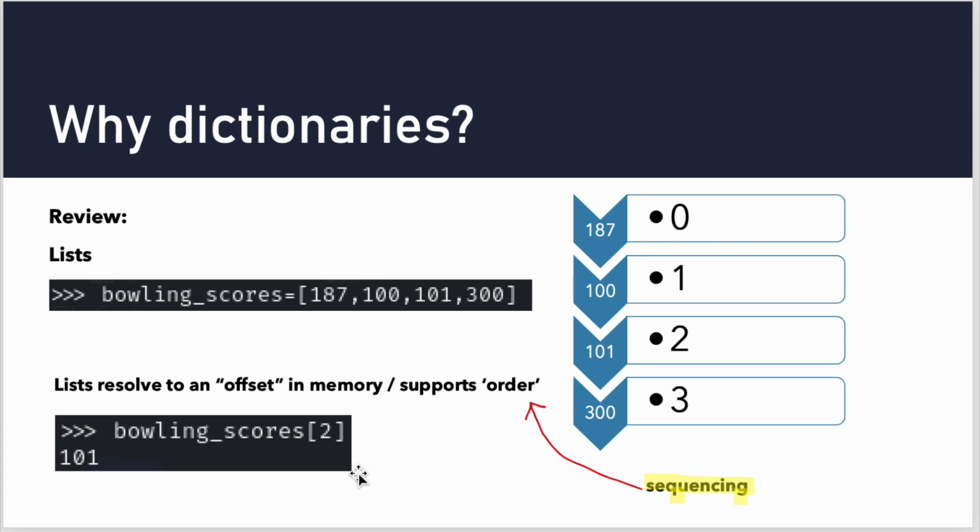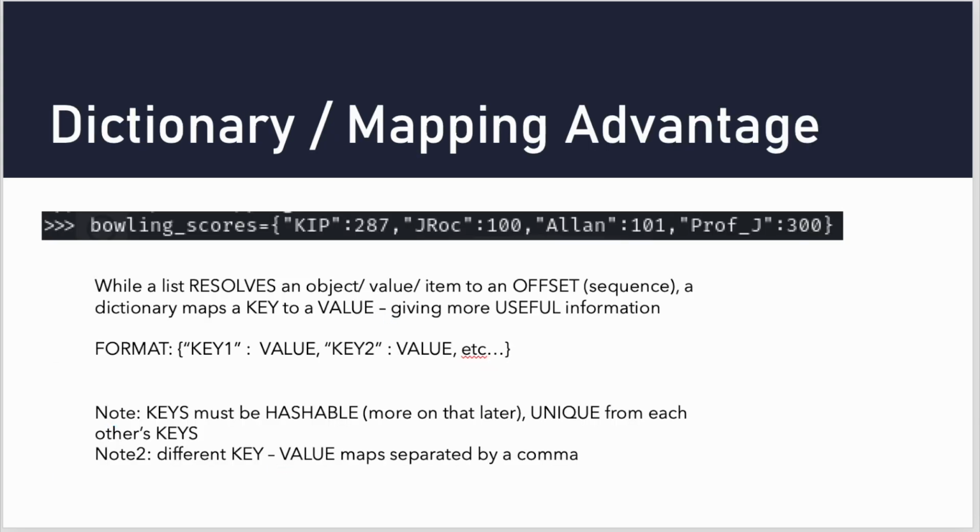But again, it begs the question, what is the advantage of using maps or dictionaries in any gaming environment? Or in any environment at all. Well, for example, dictionaries keeping track of bowling scores gives us more information than a mere list, because look, we can see who exactly got which bowling scores.